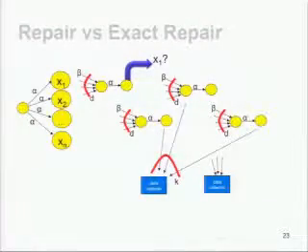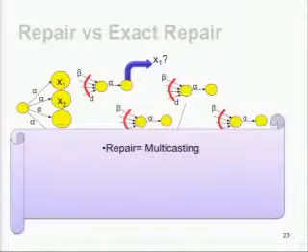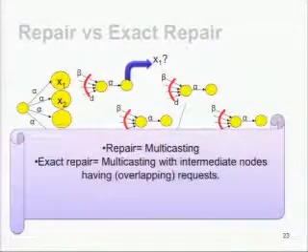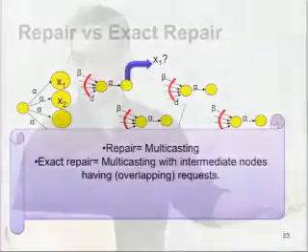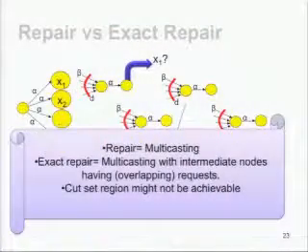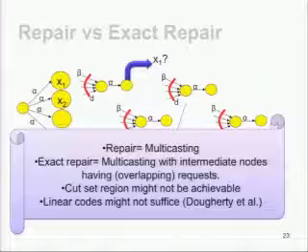However, now, when we have exact repair, we have these intermediate guys who want data themselves. They want specific linear combinations. So this is the picture. Repair is multicasting, but exact repair is multicasting with intermediate nodes having requests. And the requests are overlapping. So different people might want stuff that overlaps. And therefore, the cut set region, the region I showed you before, the blue line, might not be achievable. Linear codes might not suffice. And we don't know, basically, it's a very, very difficult problem.